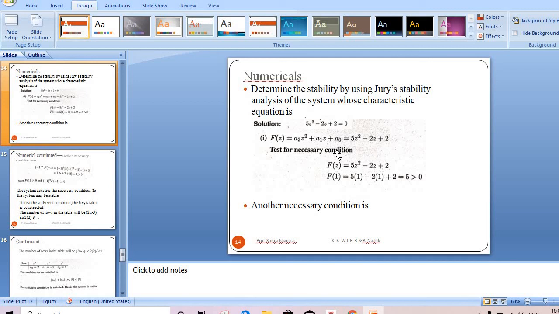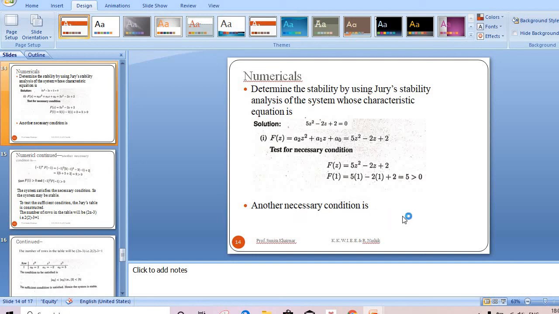Test for the necessary conditions. F of z is given as this. First we will find f of 1, which should be positive. When you put z as 1, it is 5 into 1 minus 2 into 1 plus 2, that is 5, and 5 is greater than 0. So the first necessary condition is satisfied.